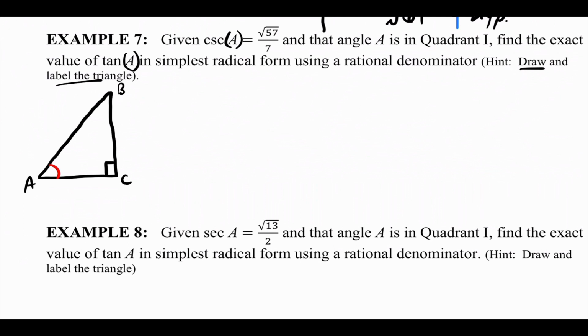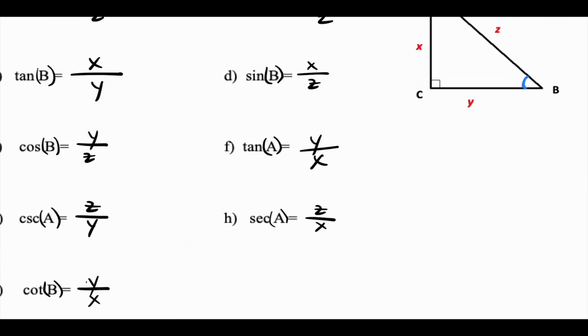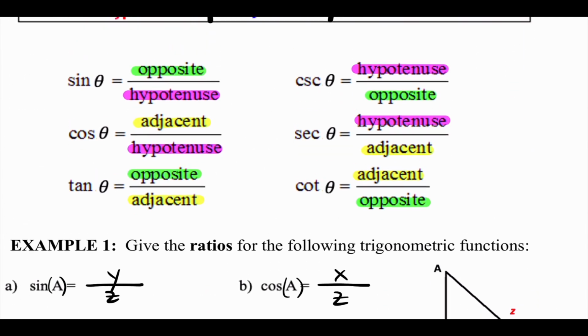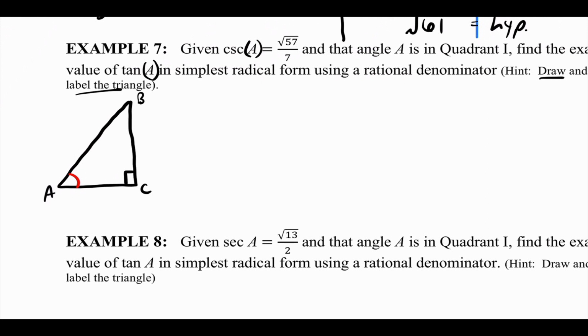The angle they're talking about is A. We know that cosecant is hypotenuse over opposite. So that means square root of 57 is the hypotenuse.